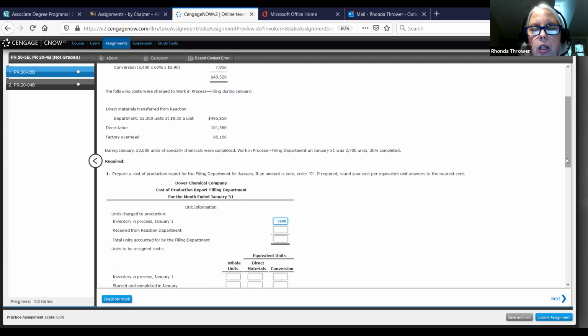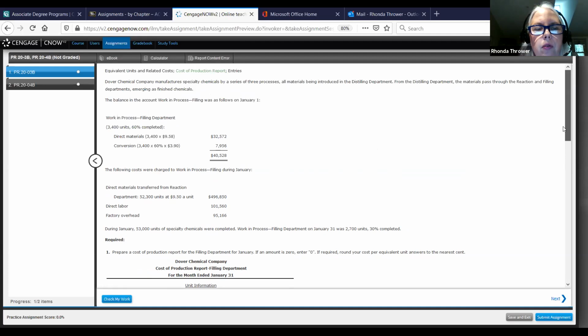Then what we're going to look at is what we have received into the filling department. We received some materials, we received some units from the reaction department that we need to work on in our filling department.